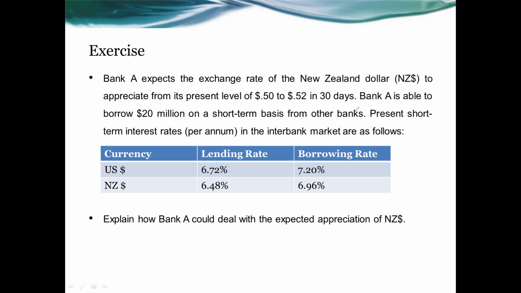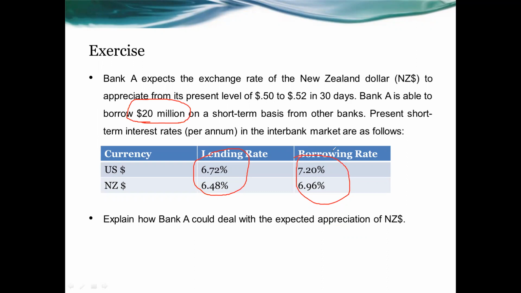The bank is able to borrow $20 million in the short term from another bank. So then you will get the lending rates and borrowing rates like this.